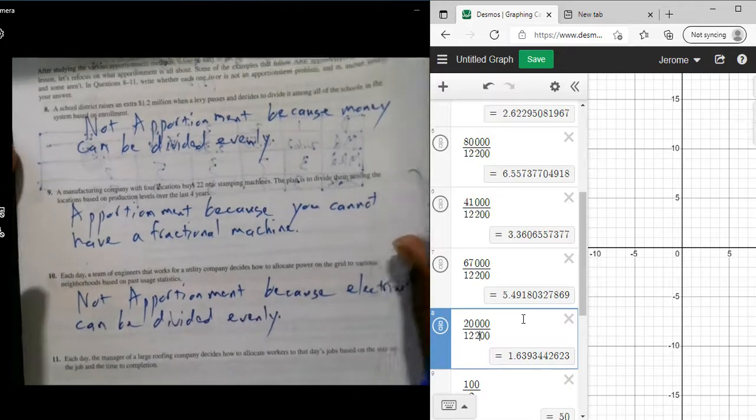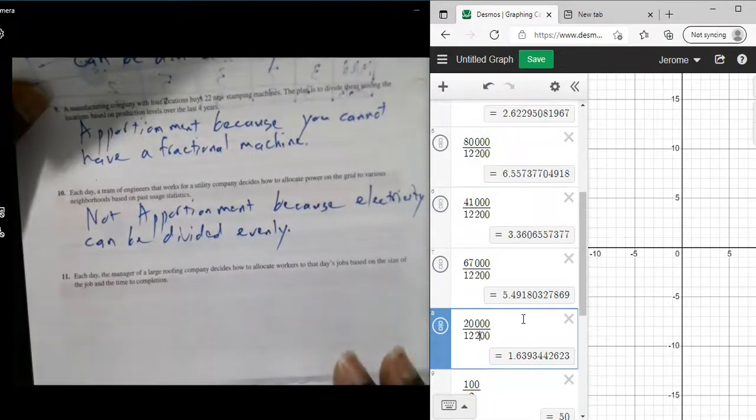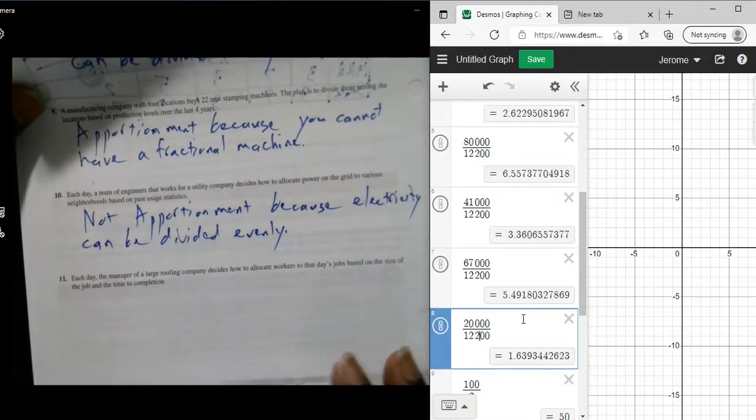Okay, now number 11. It says each day the manager of a large roofing company decides how to allocate workers to that day's jobs based on the size of the job and the time of completion.